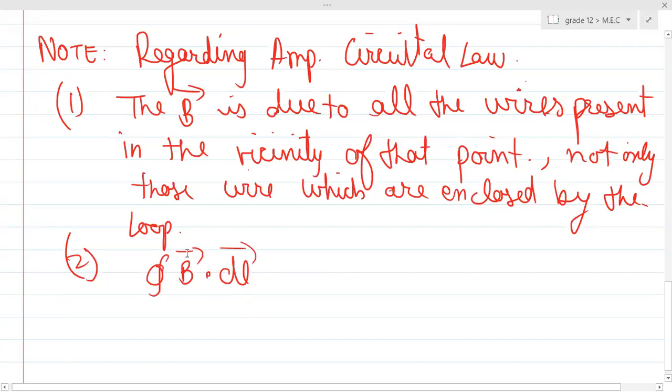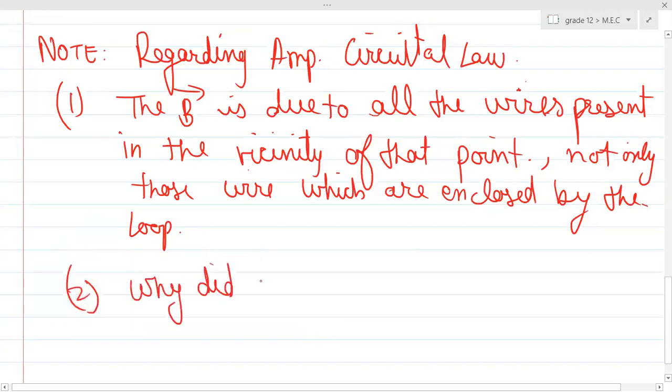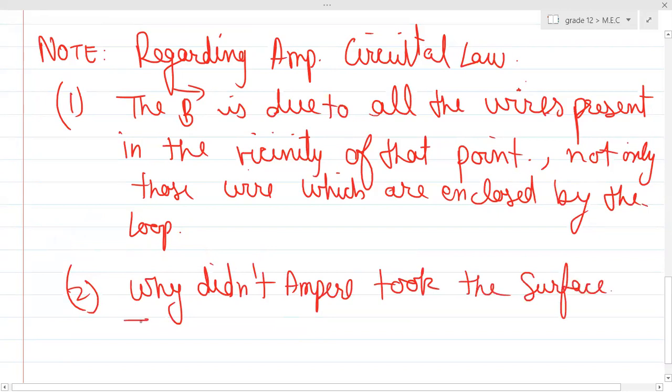So the question comes: why didn't Ampere take the surface integral?